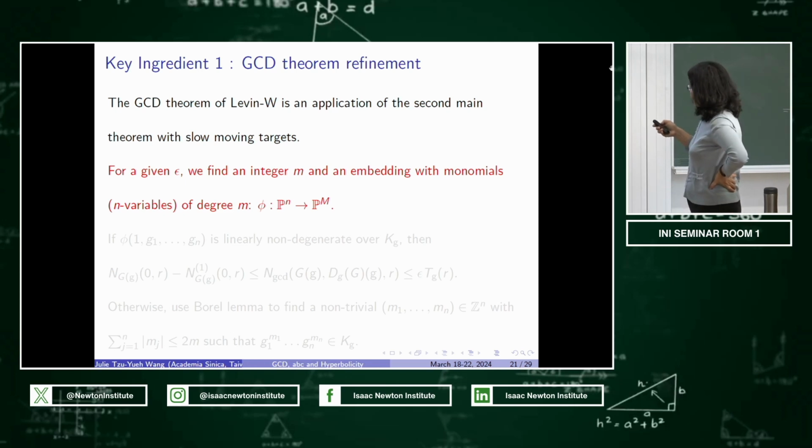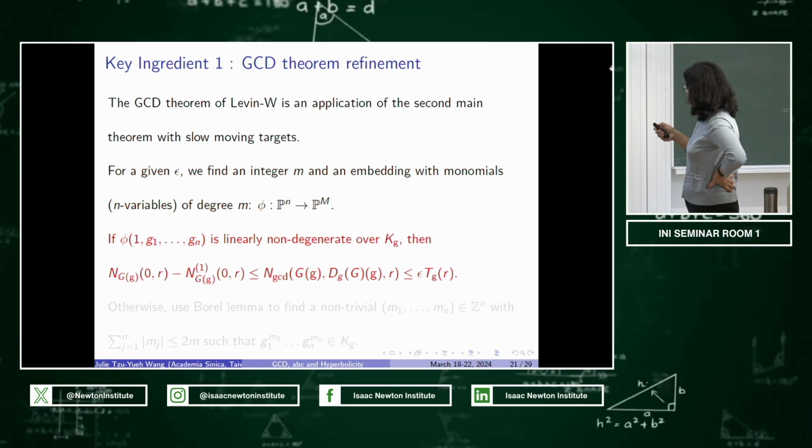And suppose after the embedding, if it's linearly non-degenerate, then you can use the second main theorem to prove the GCD is small.